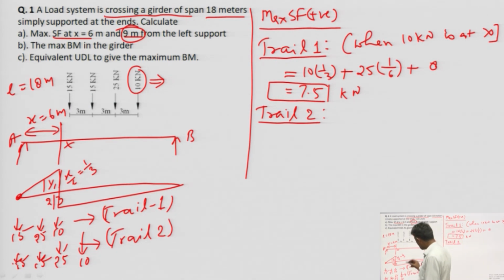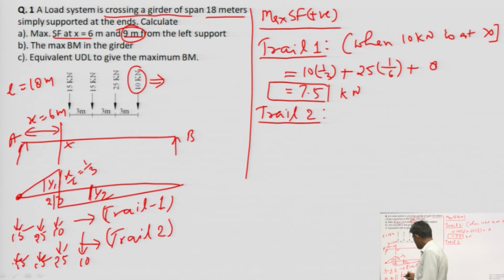Since we know that the shape of the IL will remain the same, because we are calculating the maximum shear force at the same section, the IL for shear force is not going to change. So, in this case we need to calculate this ordinate also, to find the contribution of this load.